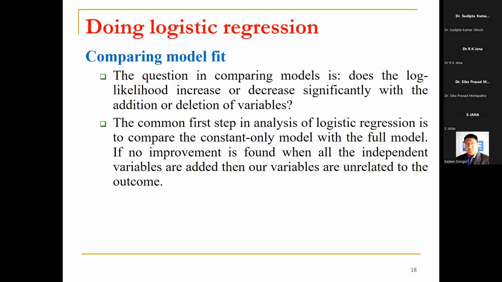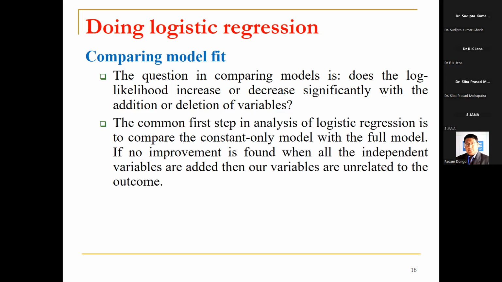The common first step in the analysis of logistic regression is to compare the constant only model with the full model. The constant only model, what we saw in the last slide, means without any independent variable. The full model means taking all the independent variables at a time.